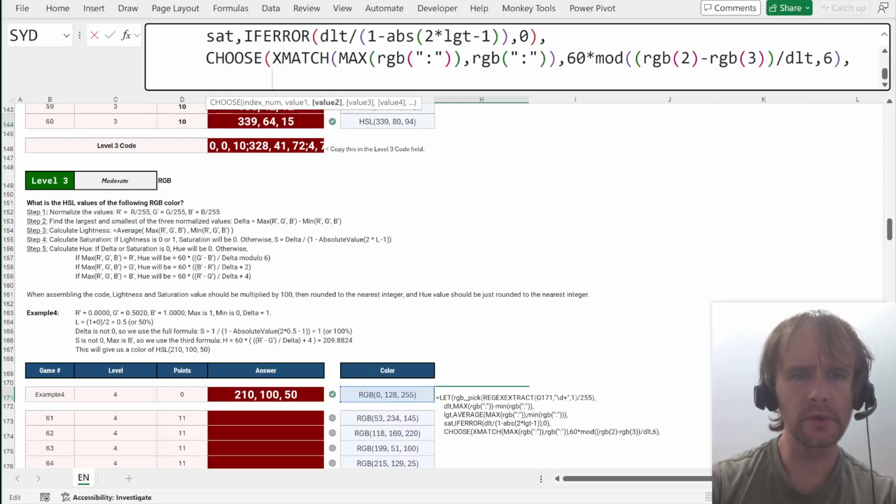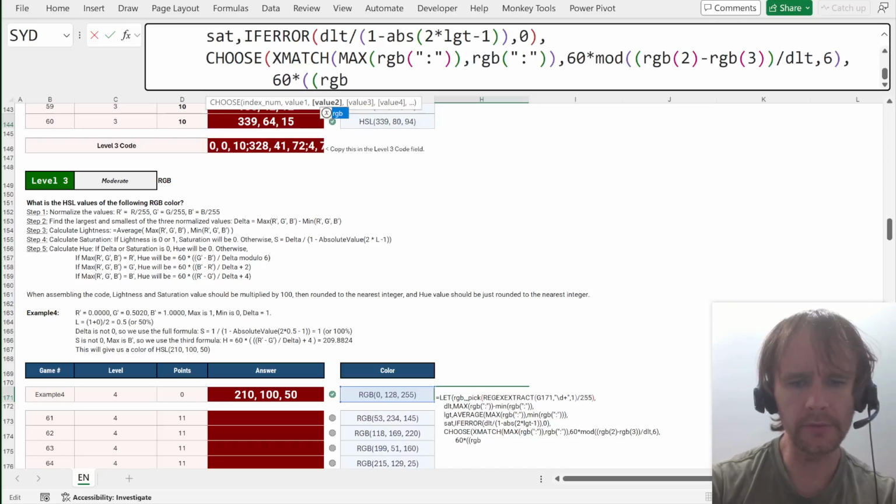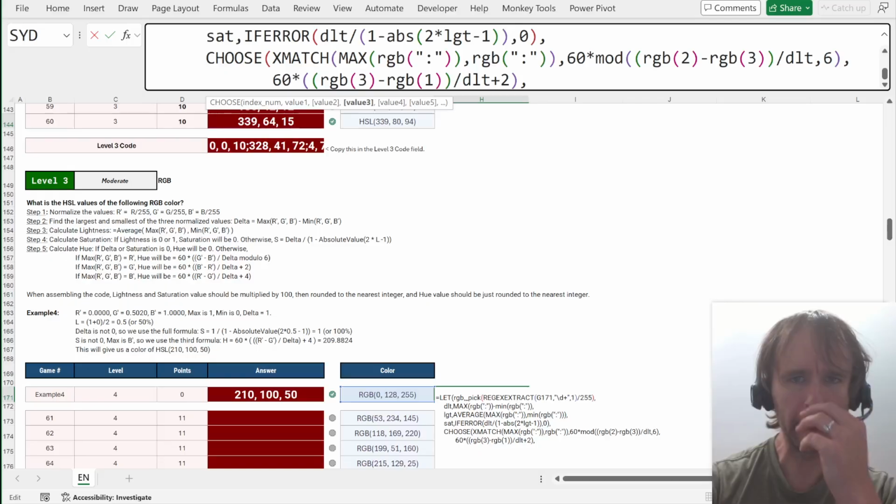Then if it's 2, we're going to say 60 times B, which is RGB of 3 minus RGB of 1 over delta plus 2. Okay.